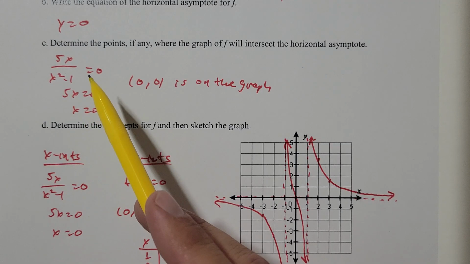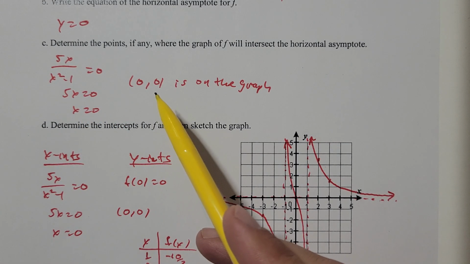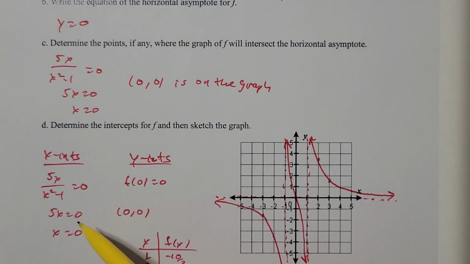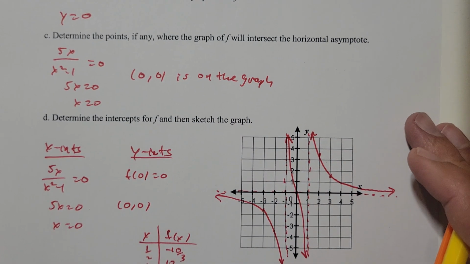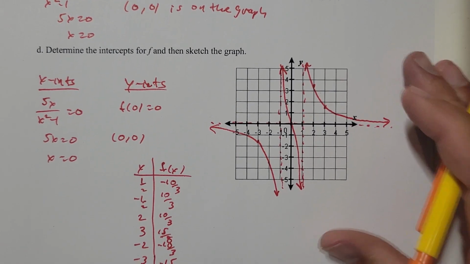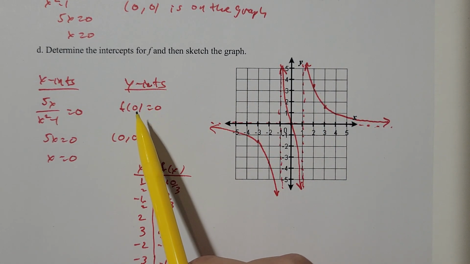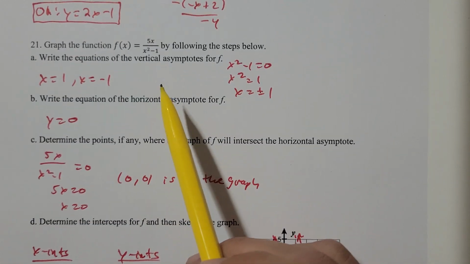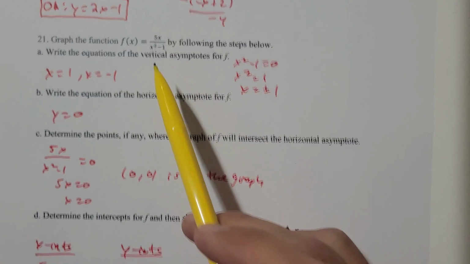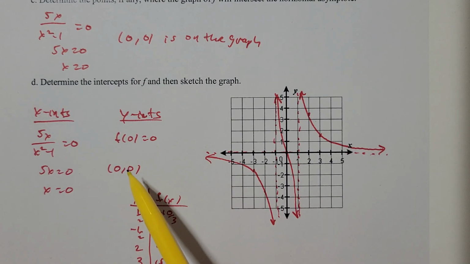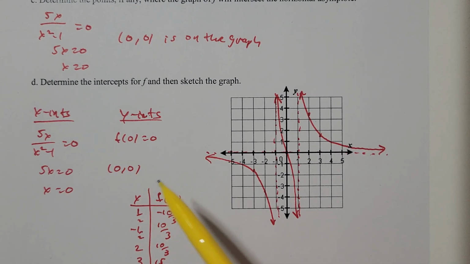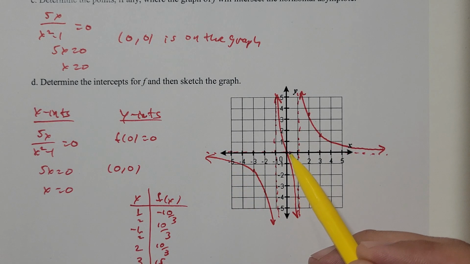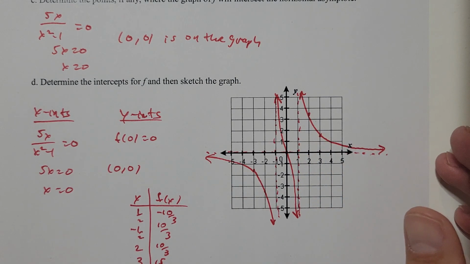We did that in part C. So this point here, 0, 0, that's also going to be the x-intercept. And to get the y-intercept, we need to let x be 0. So when x is 0, I have 0 divided by negative 1 is 0. So 0, 0 is an intercept there. I'll go ahead and plot that point 0, 0.